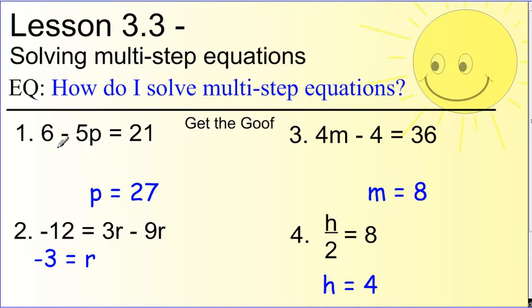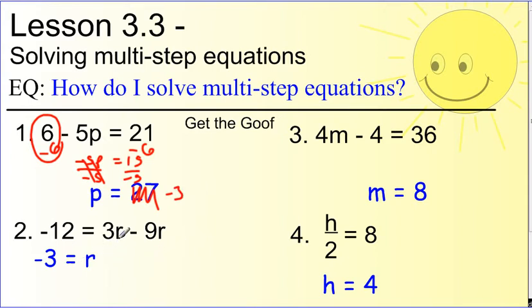This 6, to make it go away, we have to subtract 6. This is a negative 5, not a minus 6. So we minus 6 on this side, we get a negative 5p equals 15. Then we divide by negative 5 here, divide by negative 5 there. These cancel, and p would equal 15 divided by negative 5 is a negative 3.